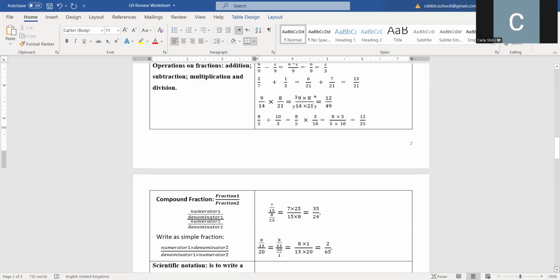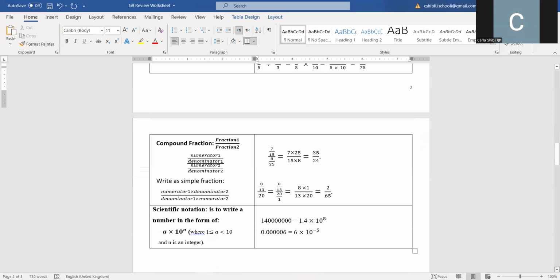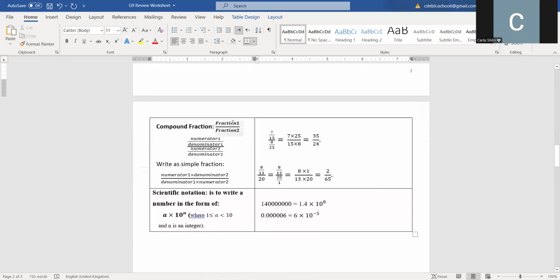A compound fraction in math is a fraction written as fraction 1 over fraction 2. Fraction 1 has a numerator and denominator. Fraction 2 has a numerator and denominator. Always a compound fraction should be written as a simple fraction. How do we change it to a simple fraction?